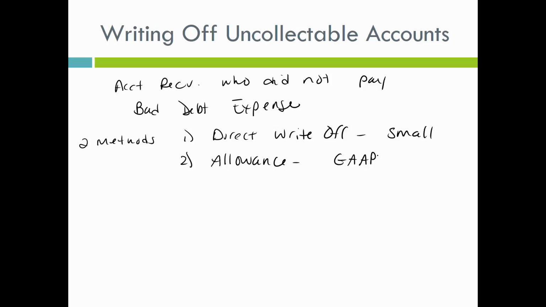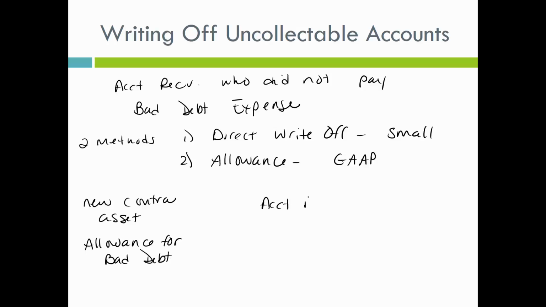The reason why is, I'm going to have a new account. It's called a contra asset, called allowance for bad debt. Now we've seen a contra asset before when we talked about accumulated depreciation. In that one we would say the asset minus the accumulated depreciation gave us the book value, what it was really worth, so to speak. So we've got the same type of thing here.